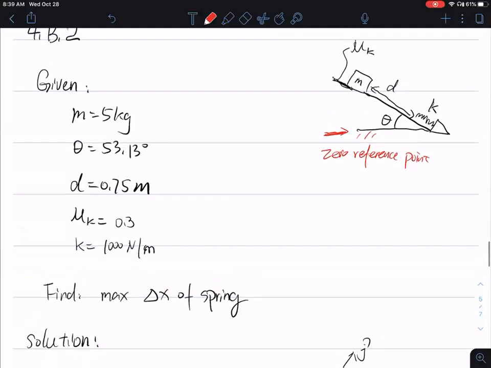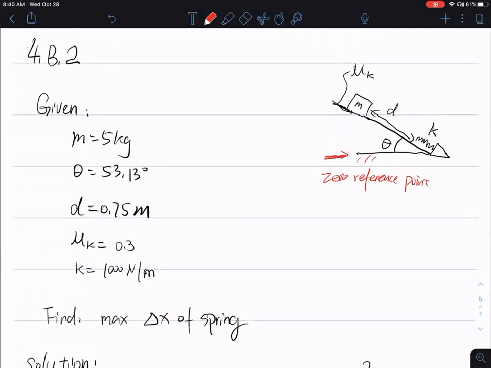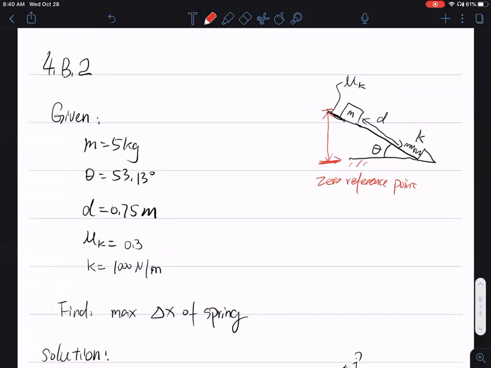So if that is our 0 reference point, what is the potential energy of that block at position 1? Should be mg h1. Let's call this guy h1. What is h1? h1 is not given directly, but we know the angle, we know the distance d.